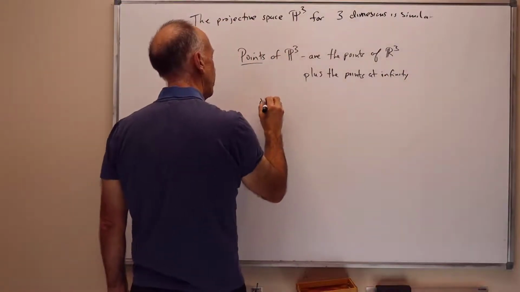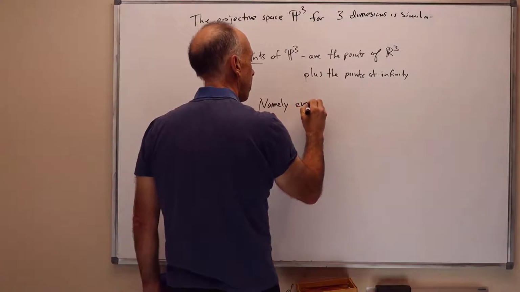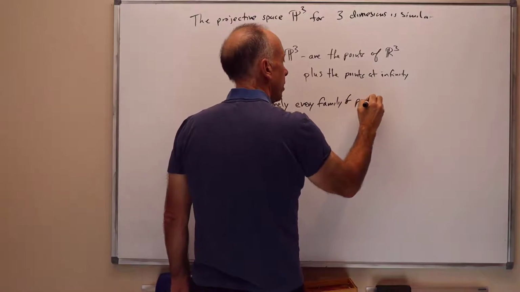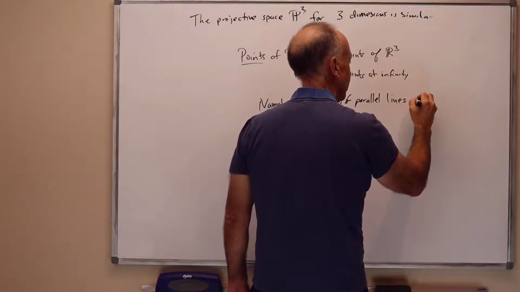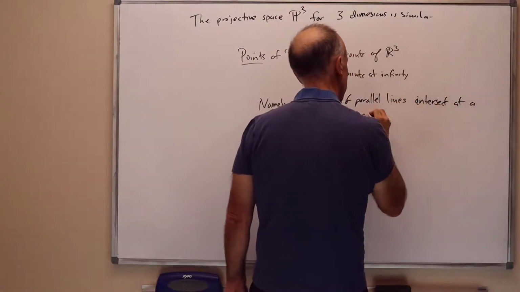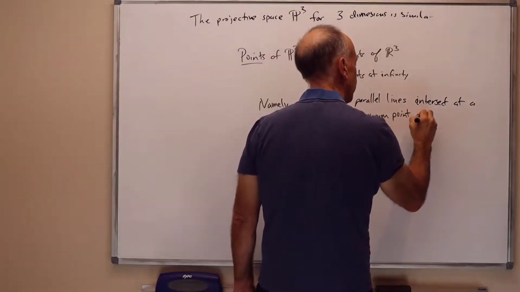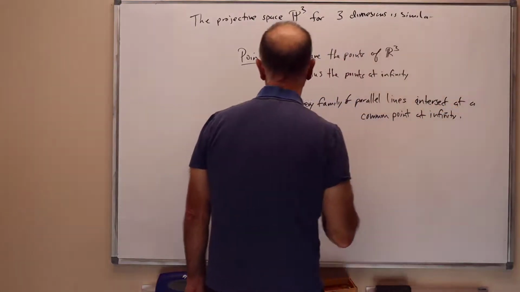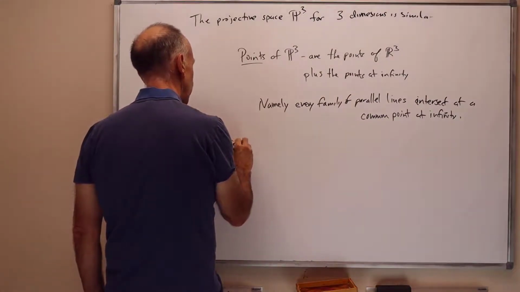Namely, every family of parallel lines, or every maximal family of parallel lines, intersect at a common point at infinity. And these are the new points of infinity. We represent members of P3 with homogeneous coordinates.